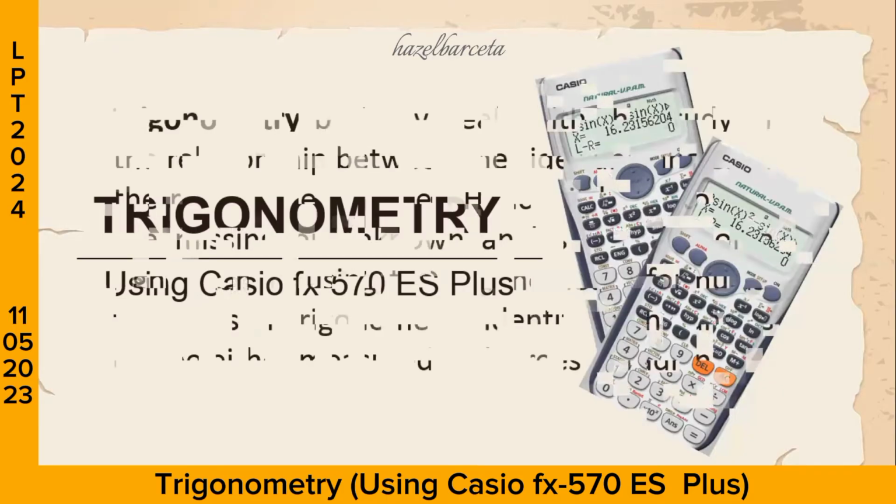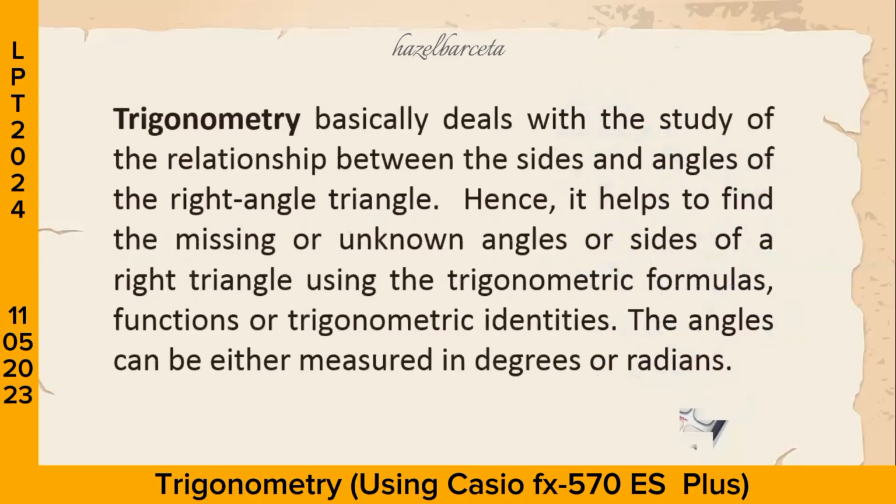What is trigonometry? Trigonometry basically deals with the study of the relationship between the sides and angles of the right angle triangle. Hence, it helps to find the missing or unknown angles or sides of a right triangle using the trigonometric formulas, functions, or trigonometric identities. The angles can be either measured in degrees or radians.